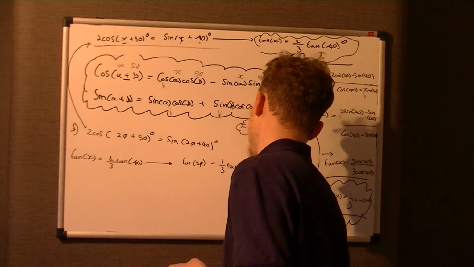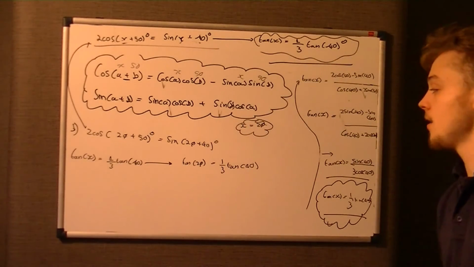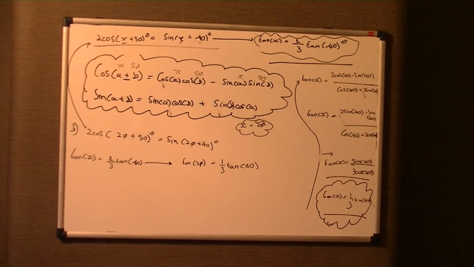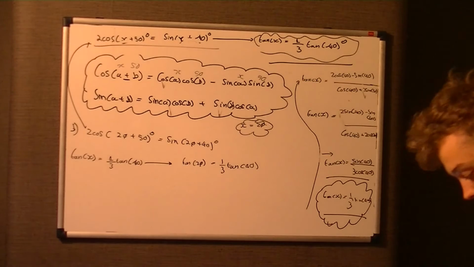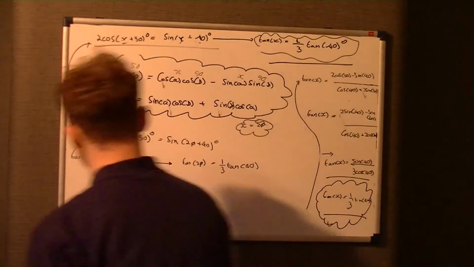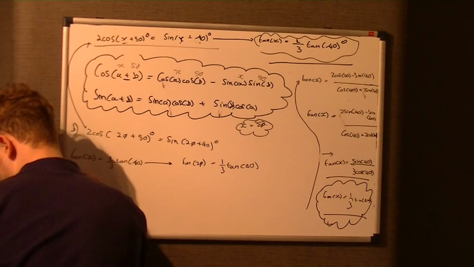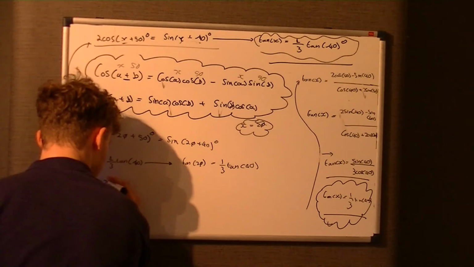And quite clearly a third of tan 40 is workable. You will get an answer for that. And if you were to work that out, and you can shove that in your calculator, let me see what you should get. You should get 0.2796, etc. Okay, so tan of 2 theta is equal to 0.2796.